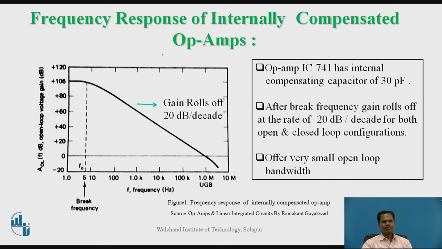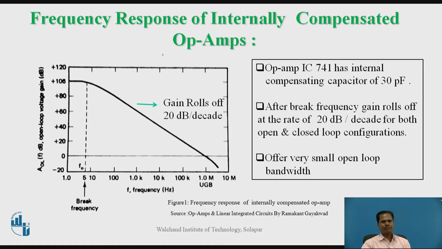The figure shows a plot of gain versus frequency for a typical internally compensated op-amp frequency response graph. For example, operational amplifier IC741, the variation of open loop gain as a function of frequency. The op-amp IC741 has internal compensating capacitor of 30 picofarad.